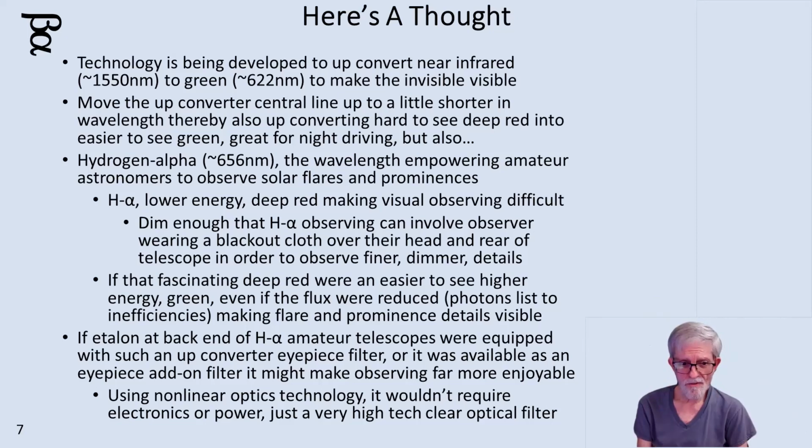You could actually just put a filter on there and see it in green. Even if you lost a lot of the photons and the inefficiencies of the crystal conversion, there would still be enough brighter green light coming out that you would see it as bright. Easier for human vision, easier for photography, no electronics, no power. That would be something they could do if they were interested in doing that. Maybe some future generation of HA telescopes will connect the dots.